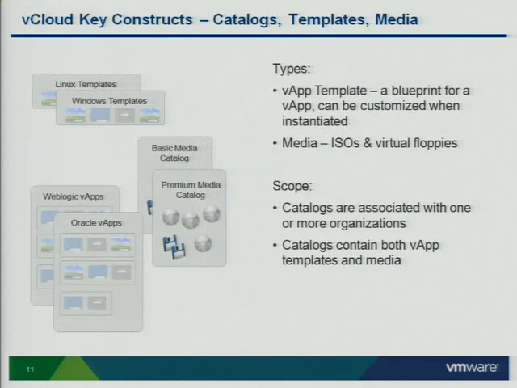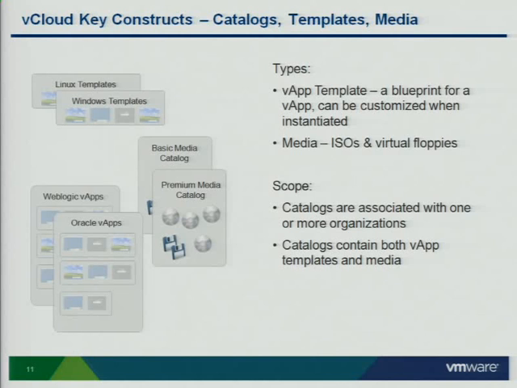Another concept is the catalog. A catalog is basically a place where you can have predefined software solutions. These predefined software solutions can be vApp templates, which are basically a blueprint for a vApp. You can take a vApp template and create a vApp from it. The other possibility is ISO images or virtual floppies.